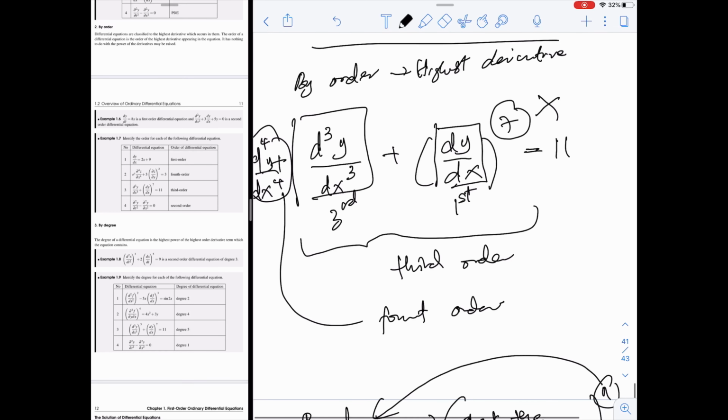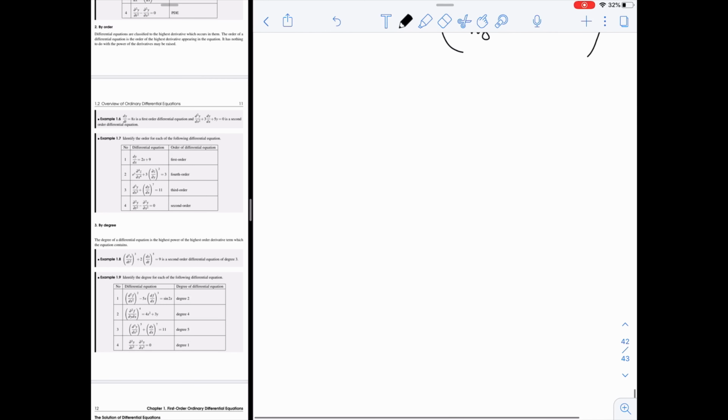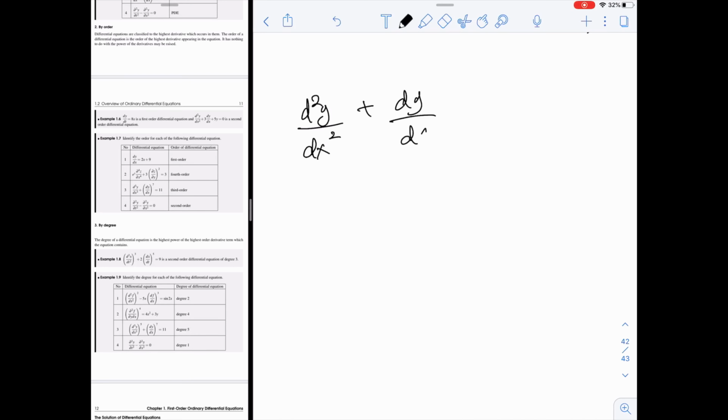For example, for this equation, I will give a clearer one. Let's say you have d squared y over dx squared plus dy over dx plus d cube y over dx cube equal to x. Which term contributes to the highest order? This is the highest order, so the order of this equation is 3.